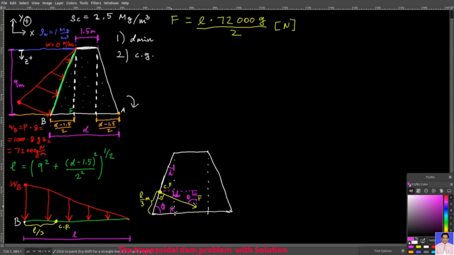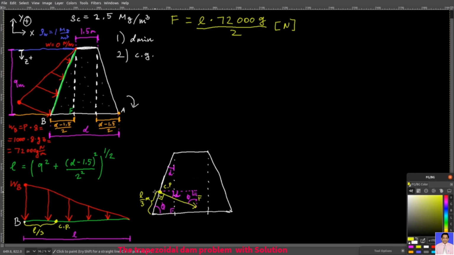So you see, we are dividing our cross-section into 2 right triangles and 1 rectangle. And using the geometry of one of the right triangles, we can now find this angle alpha, which will be the same angle like here.